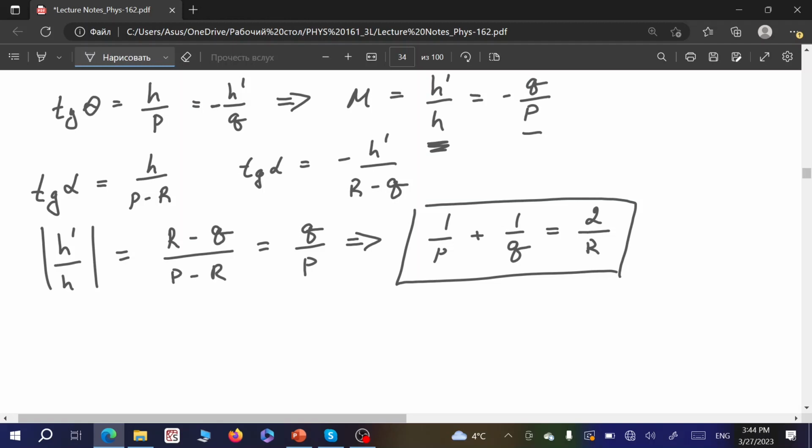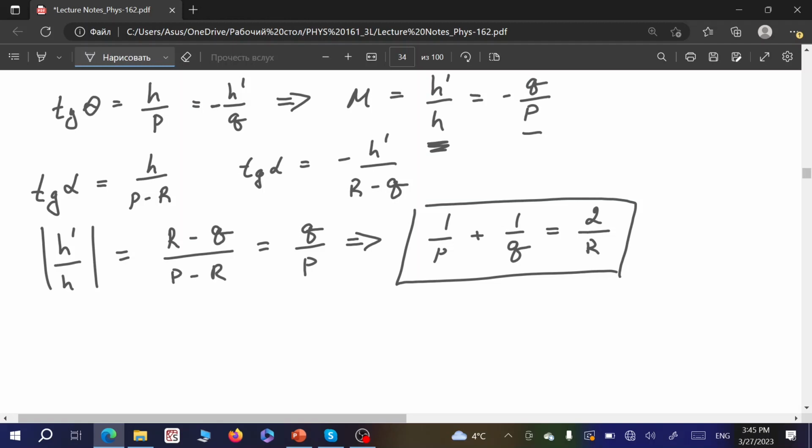Obviously, if we have a spherical mirror, we know its curvature. We know where we are going to place our object, and that's why we can predict the parameter q, the position of the image with respect to the mirror, when we know two parameters, the position of the object and the curvature of the mirror. So that's an important application of this mirror equation.